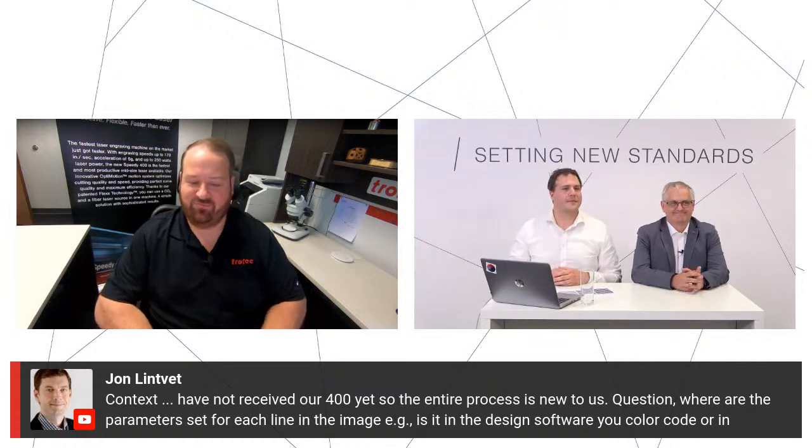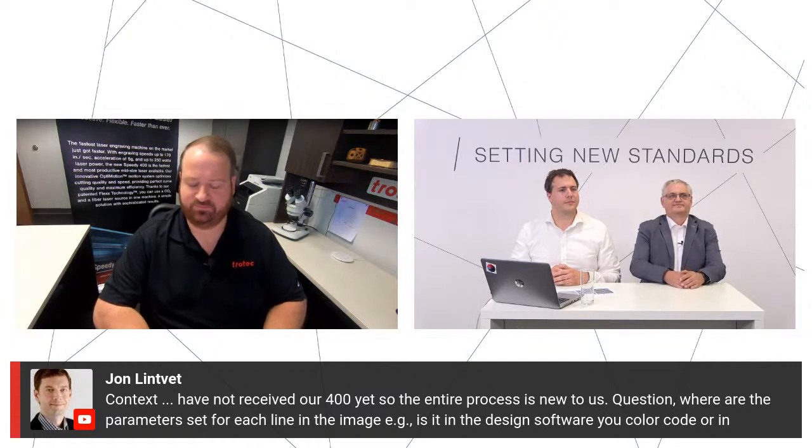Context, I have not received our 400 yet, so this entire process is new to us. Question: where are the parameters set for each line in the image? For example, in the design software, the design color code and the color you're in. Probably one for you, Alex.